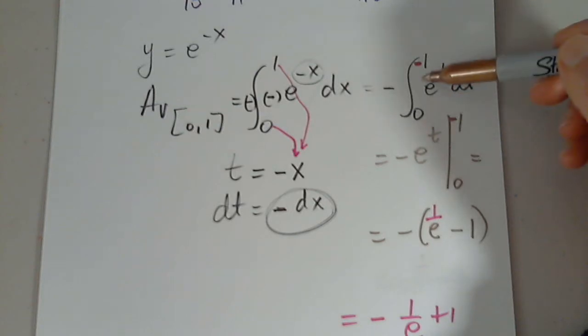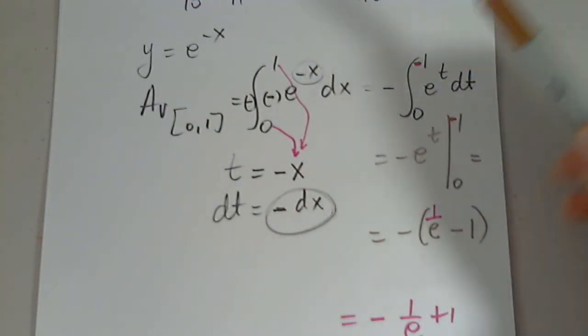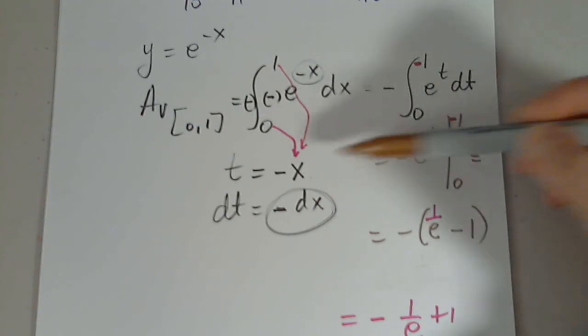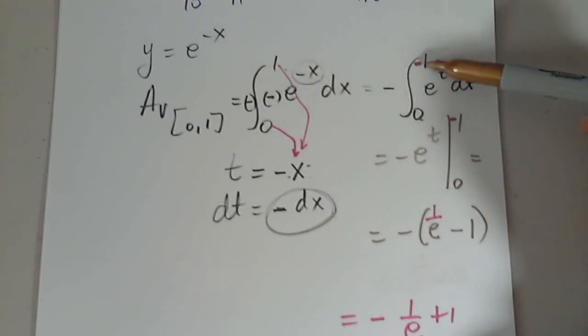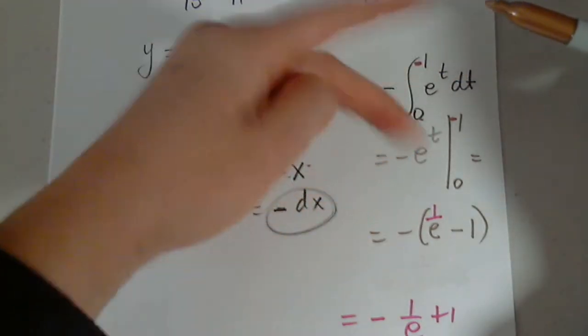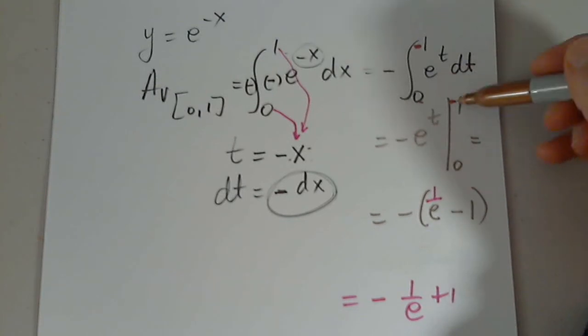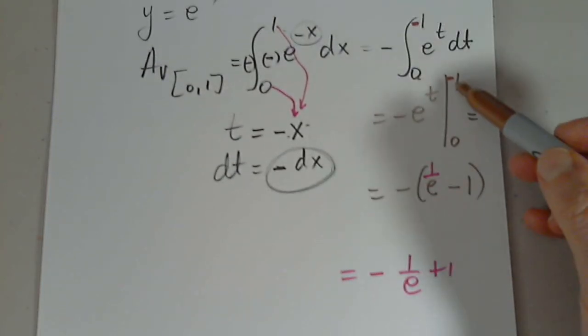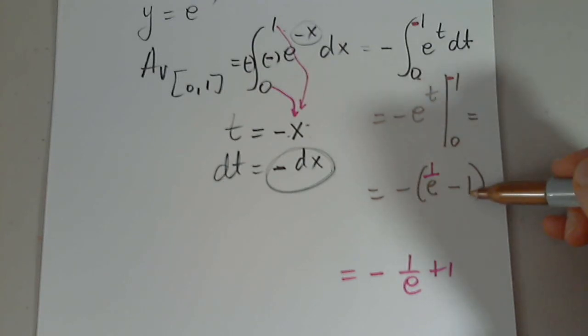I already changed the limits of integration because I cannot write this as this. They're not equal. When x is 0, t is 0. When x is 1, t goes to negative 1. Yes, you could change this if you'd like, but it doesn't matter. It's still from 0 to negative 1, e to the t. When I plug in negative 1, I get 1 over e, and when I plug in 0, I get 1.